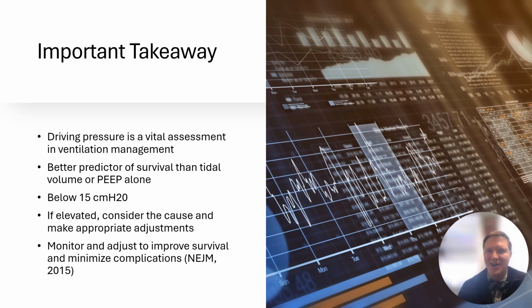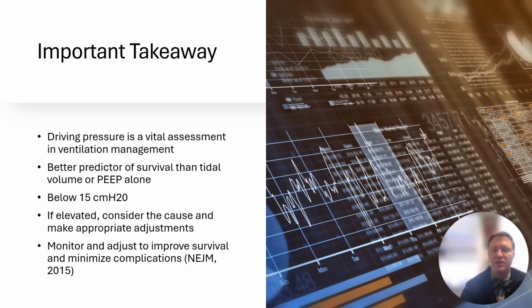All right, important takeaway time. Given its impact on the patient outcomes, driving pressure is a focal point in mechanical ventilation management. So the research does suggest it's a better predictor of survivability than traditional parameters, such as looking at low tidal volumes or high PEEPs alone. So ventilator protocols should emphasize maintaining driving pressures below 15 centimeters of water pressure to reduce lung injury risk.